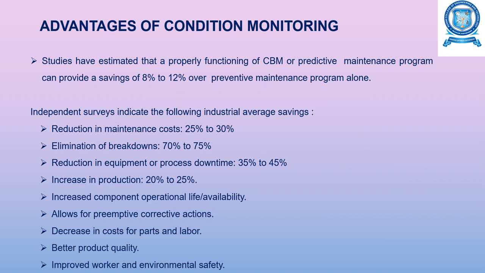And coming to the advantages of condition monitoring, studies have estimated that a properly functioning predictive maintenance program can provide savings of 8 to 12% over a preventive maintenance program alone. Independent surveys also indicate the following industrial average savings: maintenance costs are reduced by 25 to 30%, breakdowns are eliminated by 70 to 75%, and process downtime is reduced by 35 to 45%.